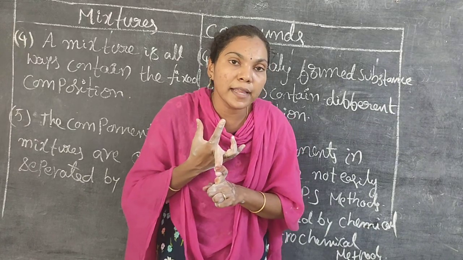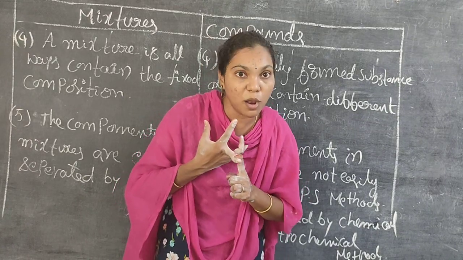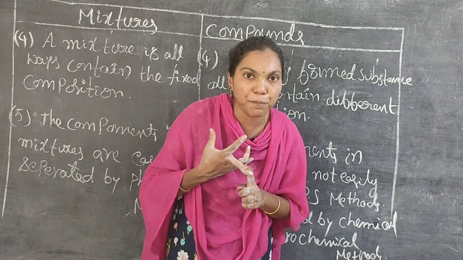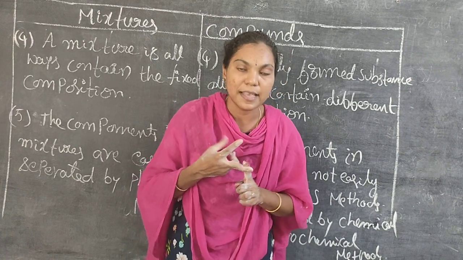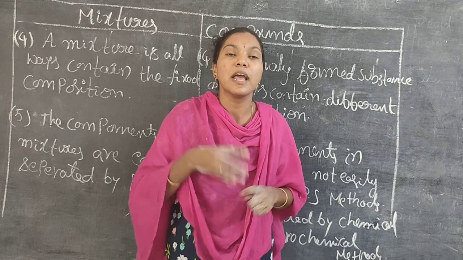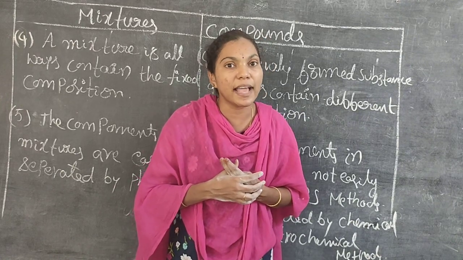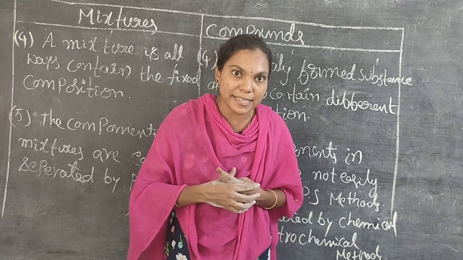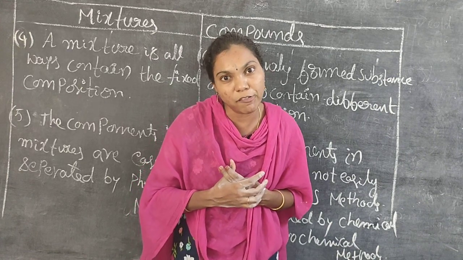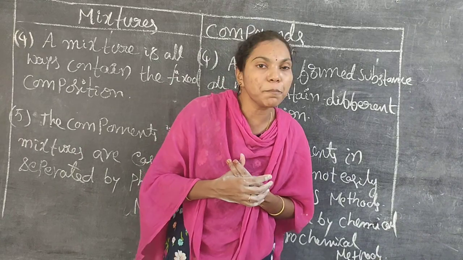What is the third point? The properties of mixtures always resemble the properties of constituent particles. Third point in the compounds: the properties of compounds do not resemble the constituent particles. The properties of the newly formed substance are always different from the constituent particles.